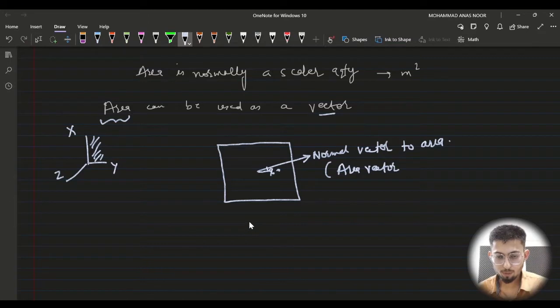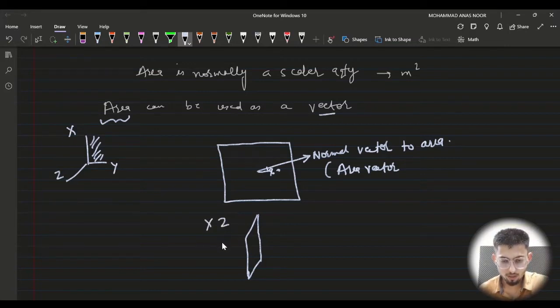Suppose the plane is like this, so it is vertical, in the xz direction.